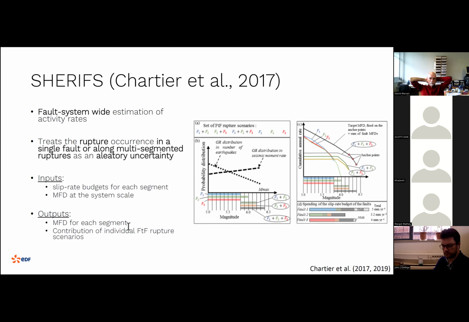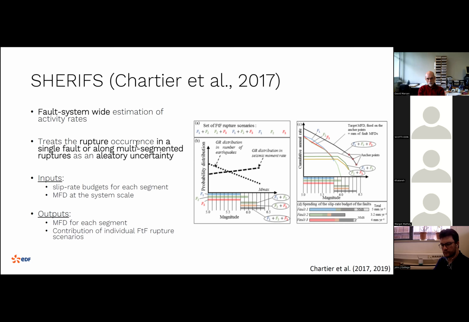Their approach permits to estimate seismicity parameters for each fault segment by treating the rupture occurrence at the system scale and considering different scenarios for a given fault system, considering that a rupture can rupture one single segment, or it can also rupture several segments.